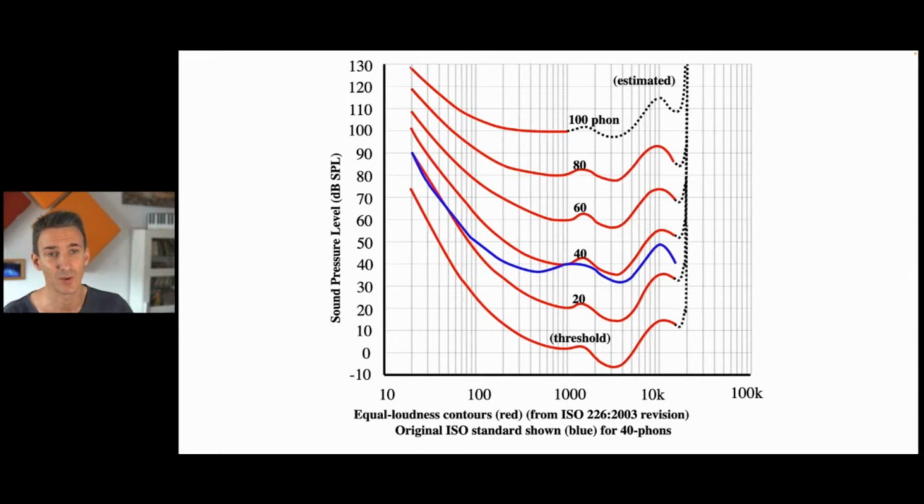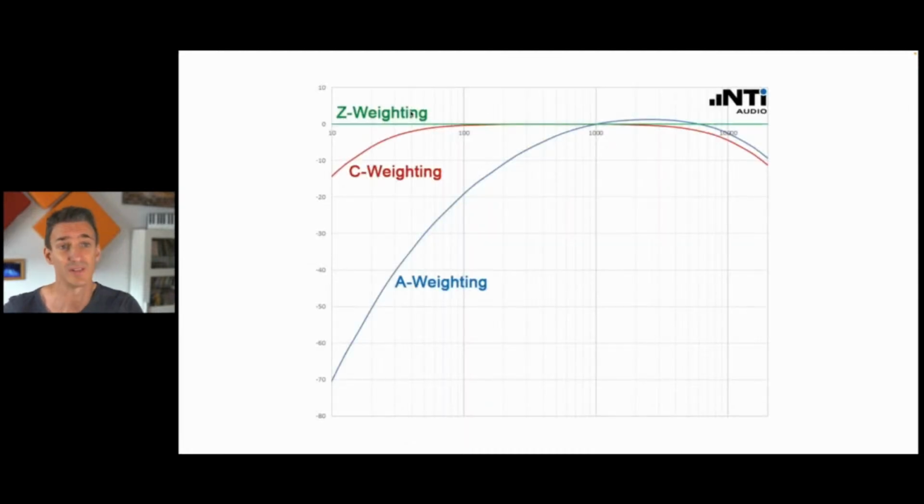For example, the so-called dB SPL A scale, which is used very often, originally was made for lower listening levels. Now we also use it for traffic noise and things like that. This is already high noise, in my opinion, because it's more than 70 or 80 dBs. And originally, I think it was below 50. And then you have the other scale that is used for, let's say, concerts.